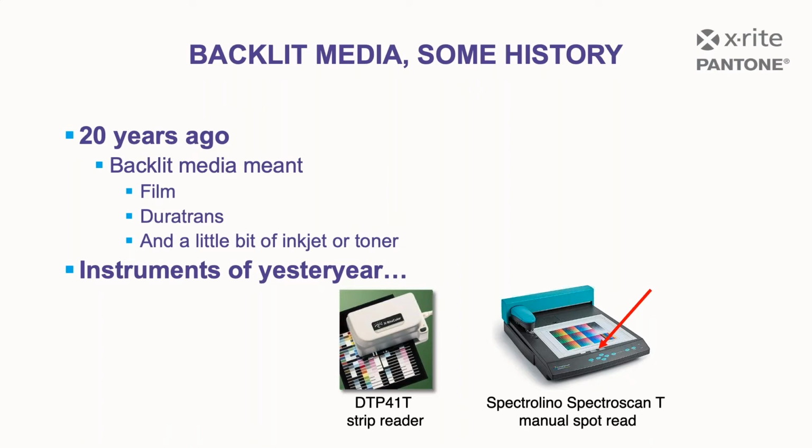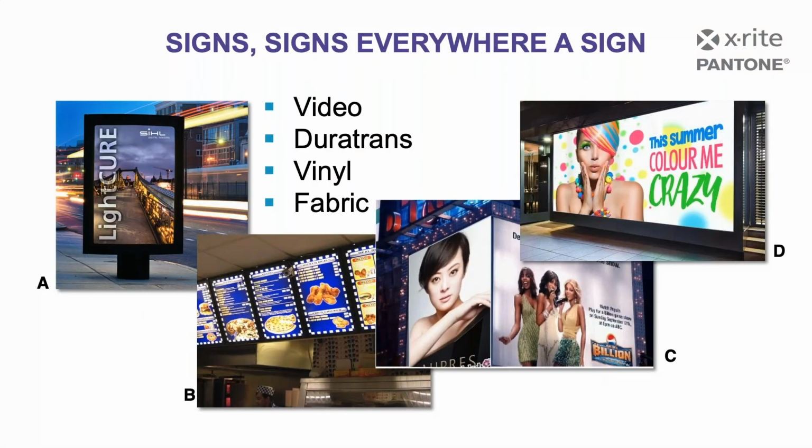And the instruments of yesteryear used a fixed backlight, and then you move the sample around, either automatically or manually, to capture that data. But part of that was successful because of the relatively straightforward materials that were all similar in nature, that worked relatively well. Today, there's a little more challenge.